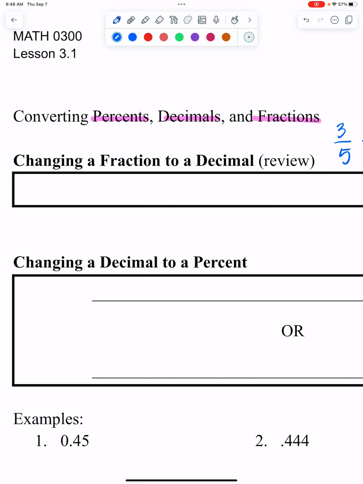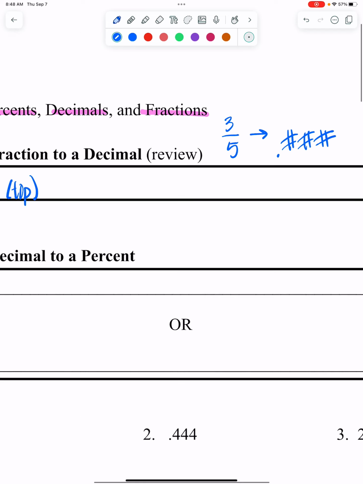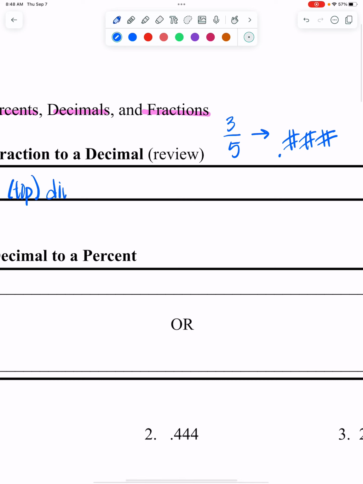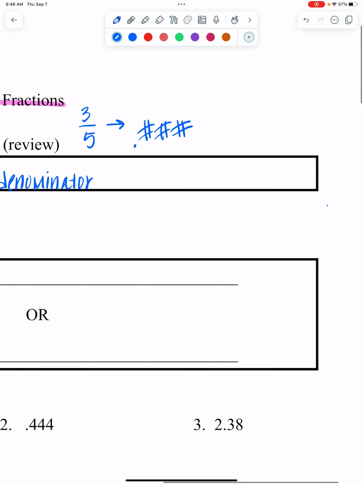When that is our goal, we do the numerator, remember, the numerator is the top number, divided by the denominator. Remember, the denominator is down, so it is the bottom number.